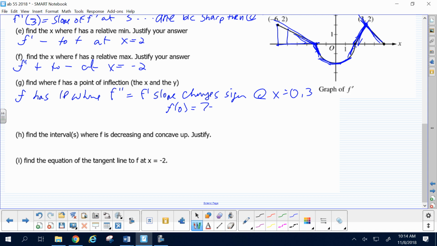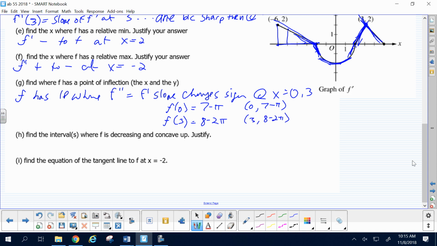F at 0 is 7 minus pi. Okay, so 0, 7 minus pi. Obviously, there has to be work to that, not just my answer. Fundamental theorem. And f at 3 is 8 minus 2 pi. So there's your 2 inflection points.